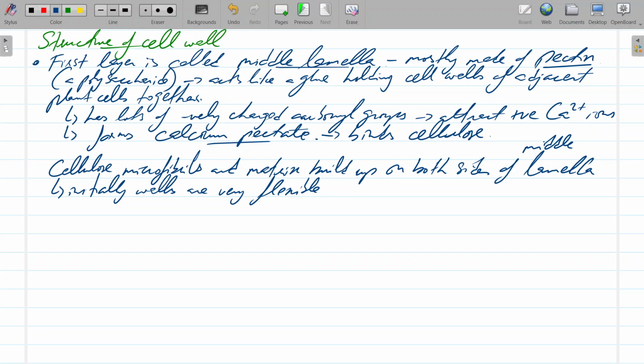And all the cellulose microfibrils are arranged in a similar direction, right? And this is called the primary cell wall. All of this is the primary cell wall.